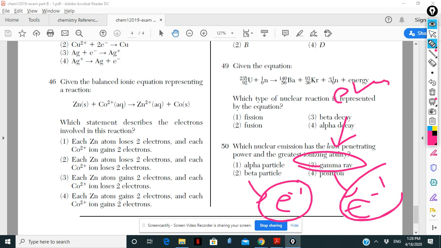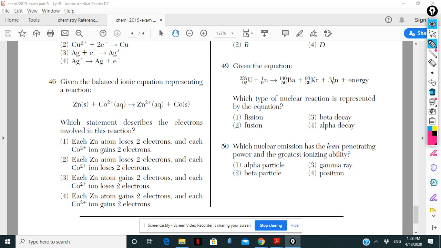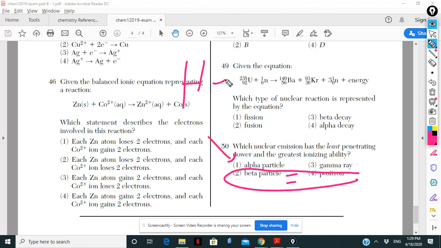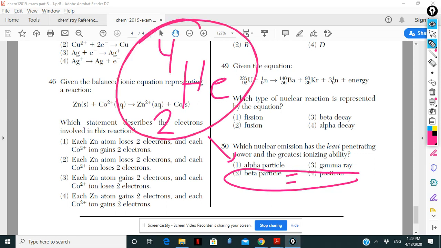Positron and beta particles have the same mass, so they have the same penetration power. But the alpha particle is the helium-4 nucleus, which means it has the greatest mass. That's why it cannot penetrate. So the answer is going to be one.